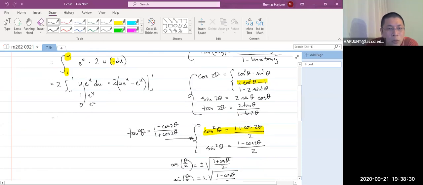That is equal to 2 times, when it is 1, that's e minus, at -1, e to the -1 minus e to the -1. That is 2 times 2e to the -1. That's 4e to the -1.